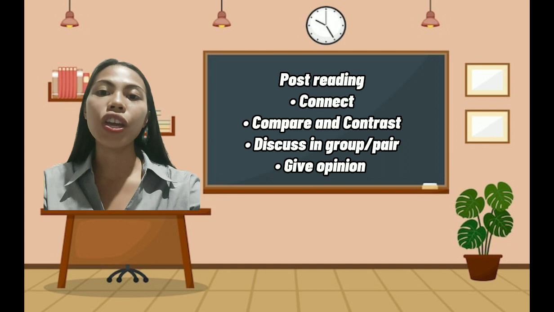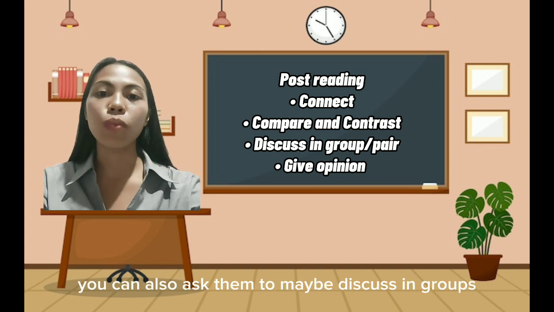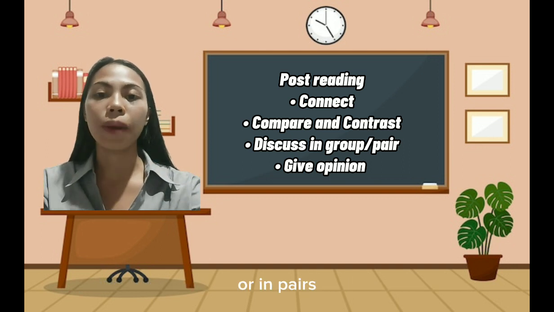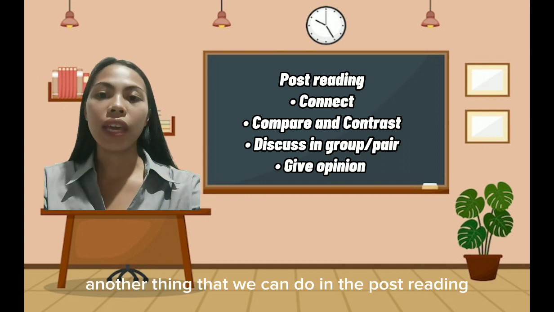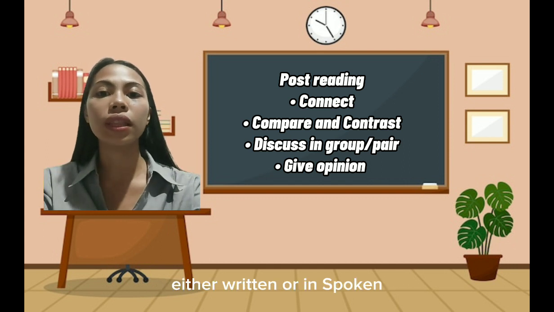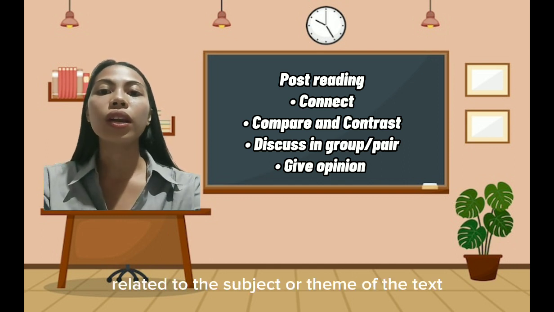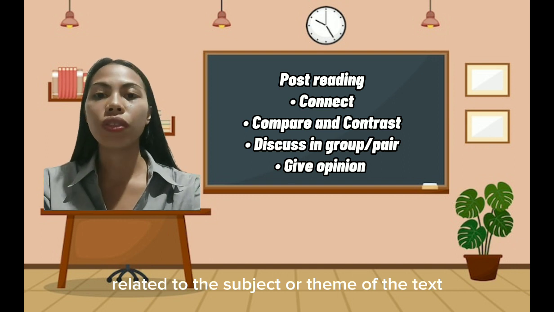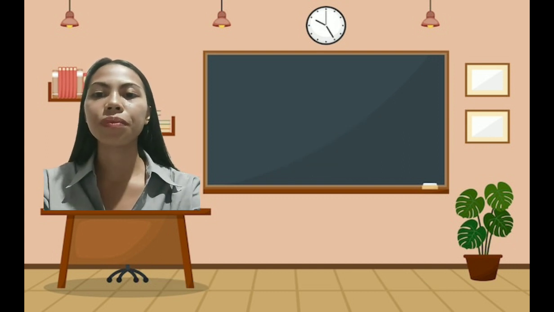As a teacher, you can also ask them to discuss in groups or in pairs. Another thing that we can do in the post-reading is to ask students to give an opinion, either written or spoken, related to the subject or theme of the text.